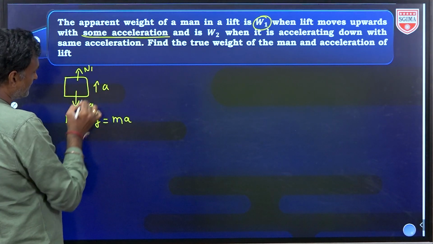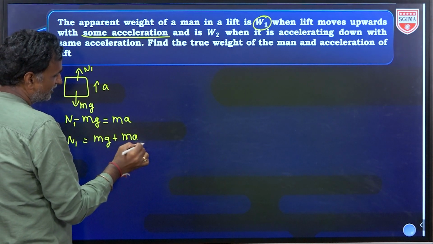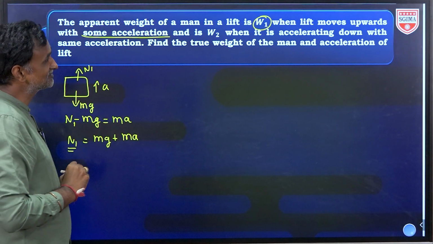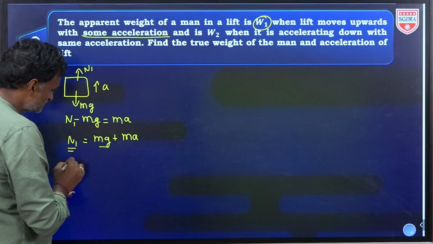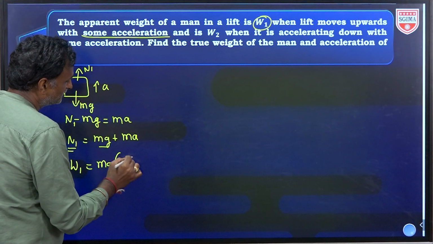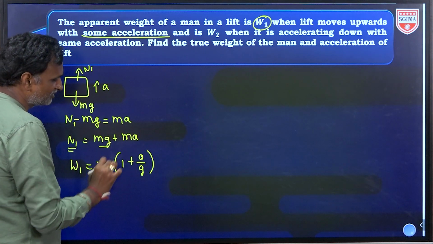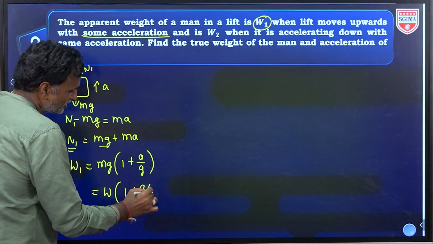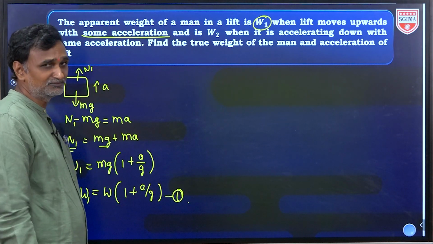So n1 I am writing, so n1 equals mg plus ma. Here W1 indicates n1, because apparent weight. So this is the original weight, n1 is the apparent weight. So we will write here W1, and mg I am taking common, 1 plus a by g, because it cancels. So mg can be taken as W, W1 equals W times 1 plus a by g. Say this is equation number 1.